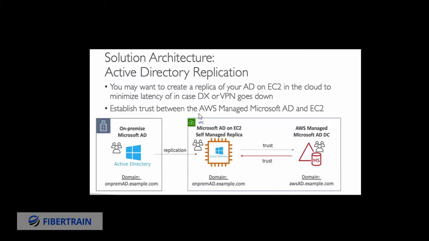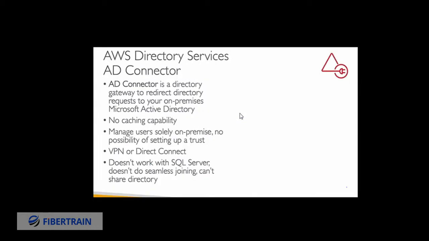Okay, so that's how we can take care of that and have replication between AWS managed Active Directory and on-premises Active Directory. Now let's look at other aspects of AWS Directory Service.